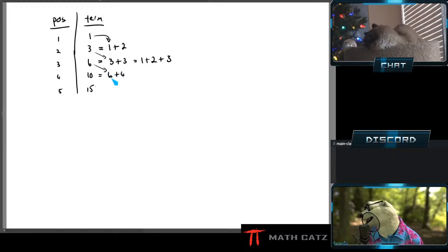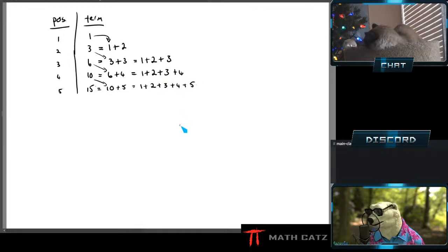But this 6 in itself has the expansion 1 plus 2 plus 3, and then the 4 is extra. 15 is 10 plus 5, but the 10 is 1 plus 2 plus 3 plus 4. And then I add the 5.